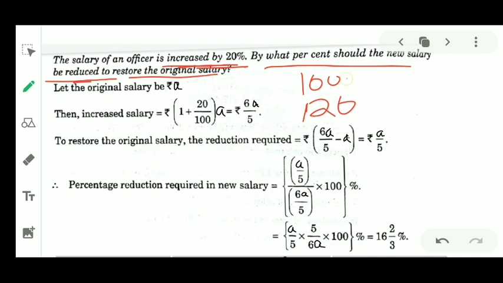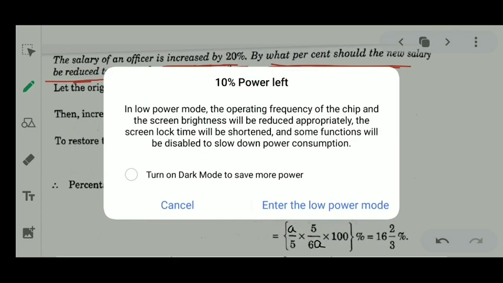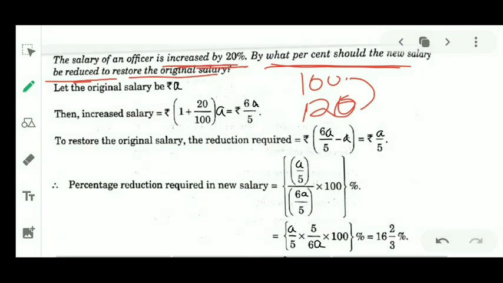First salary is 100, then increase by 20% in salary, that will become 120. Okay, but by what percent should the new salary be reduced to restore the original salary? Means, by what decrease percent?